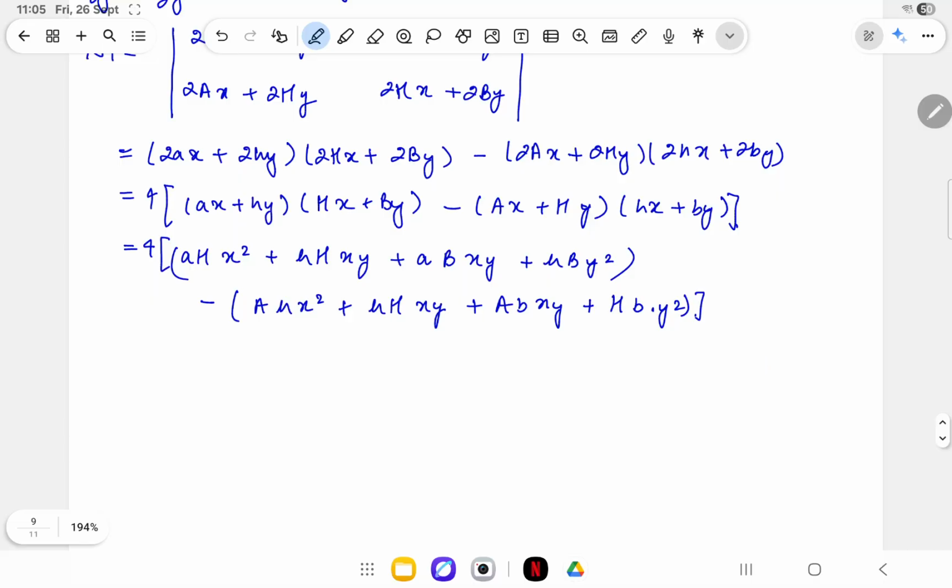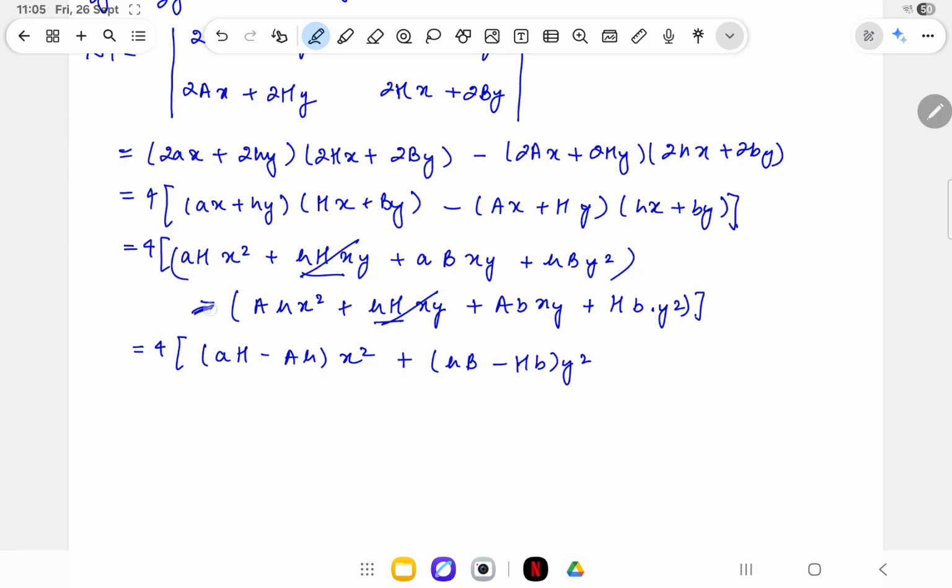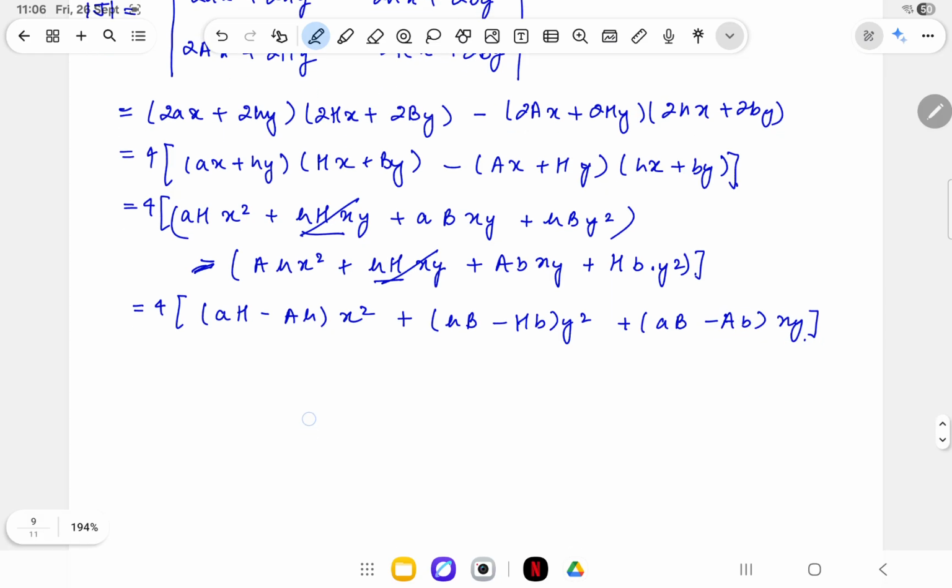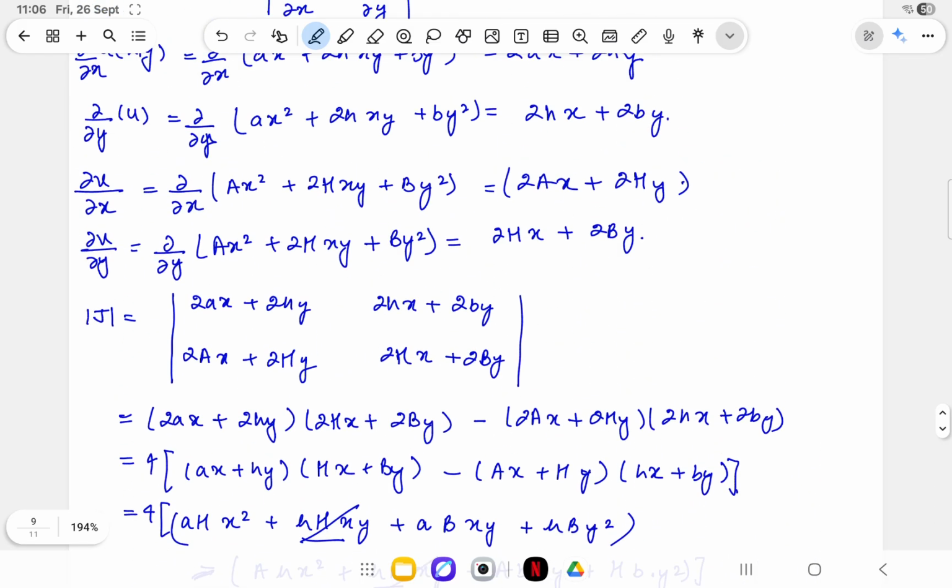So let's just club in coefficients of like x square, y square and xy. So it will be 4 times (a capital H minus capital A h) x square plus (h capital B minus capital H b) y square. And you see that the h capital H xy term balances out because we have a negative sign outside the bracket, and we are left with (a capital B minus capital A b) xy. Now this is the Jacobian that we get.